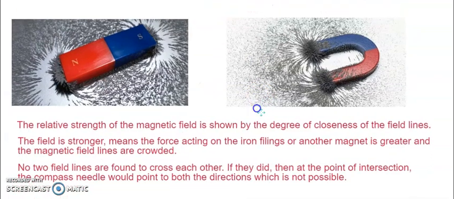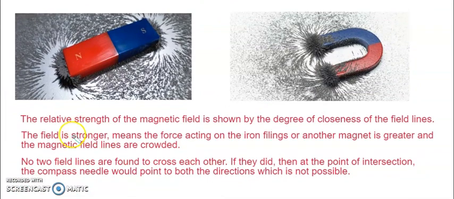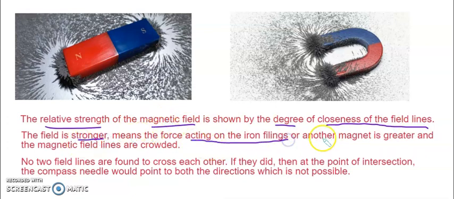Clear? Now, the relative strength of the magnetic field is shown by the degree of closeness, how close the magnetic field lines are. That will tell us how strong the magnet is. If the field lines are stronger, it means the force acting on the iron filings or on any other magnet is greater.